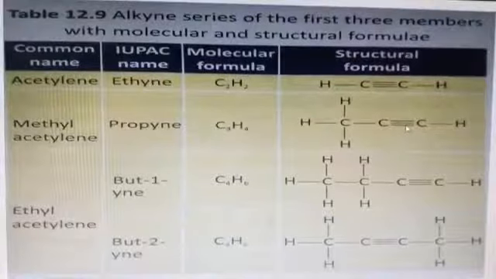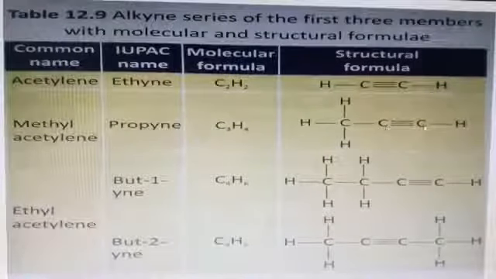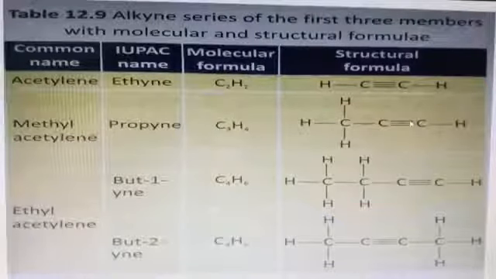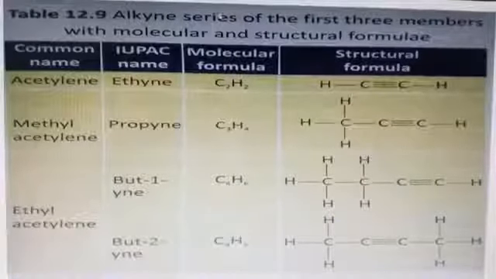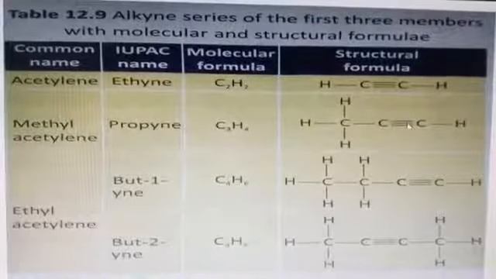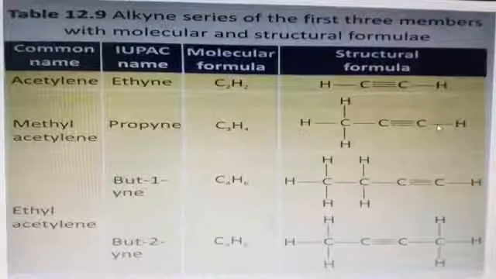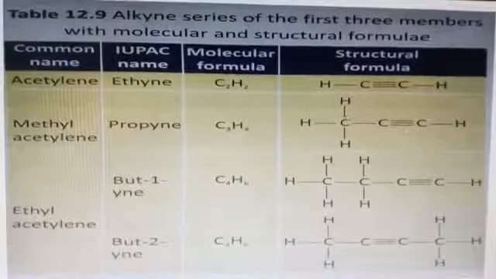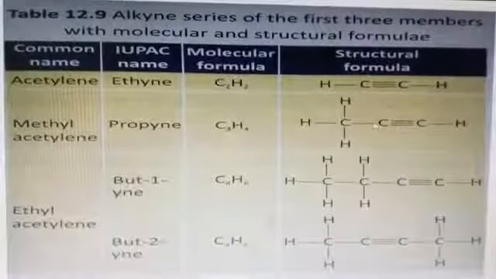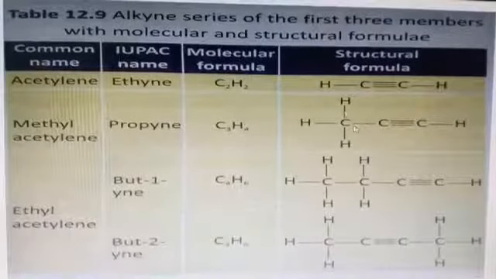So a triple bond between these 2 carbon atoms, and you always have to count 4 arms for each carbon atom. So 1, 2, 3, and here 4, and here 1, 2, 3, 4. For this 1, 2, 3, and this is 4. So how many hydrogen atoms are here? 1, 2, 3.